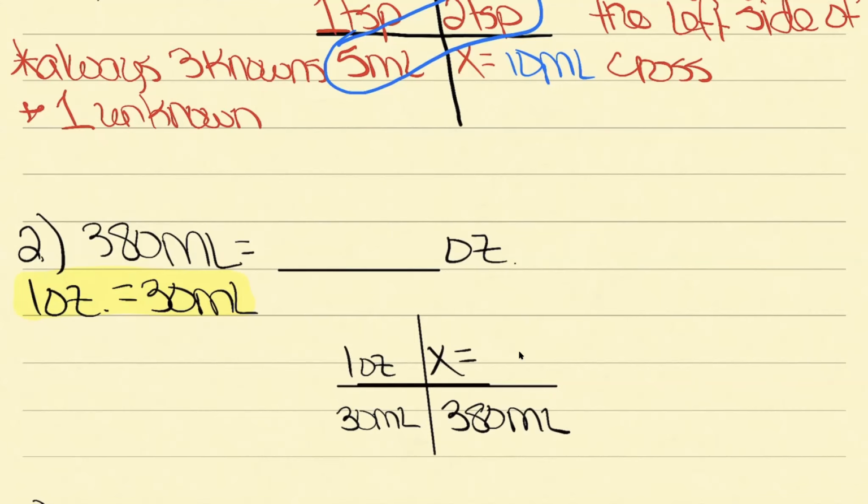So I'm going to cross multiply. So what's across from one another? 1 ounce and 380 milliliters. So 1 times 380 is 380.